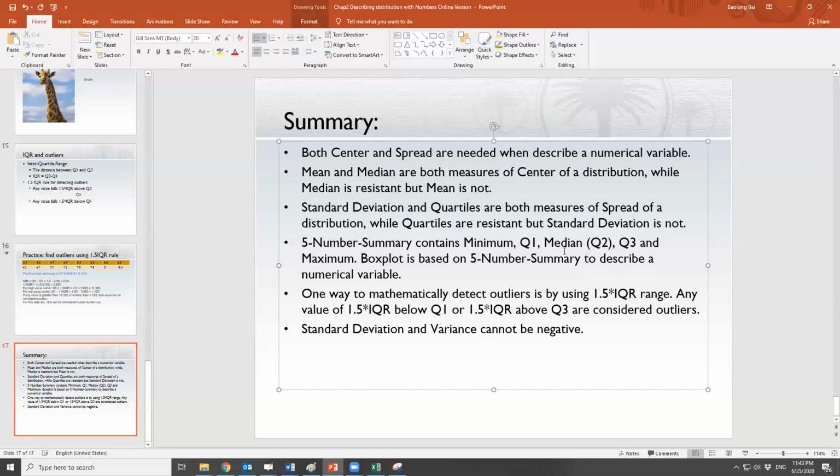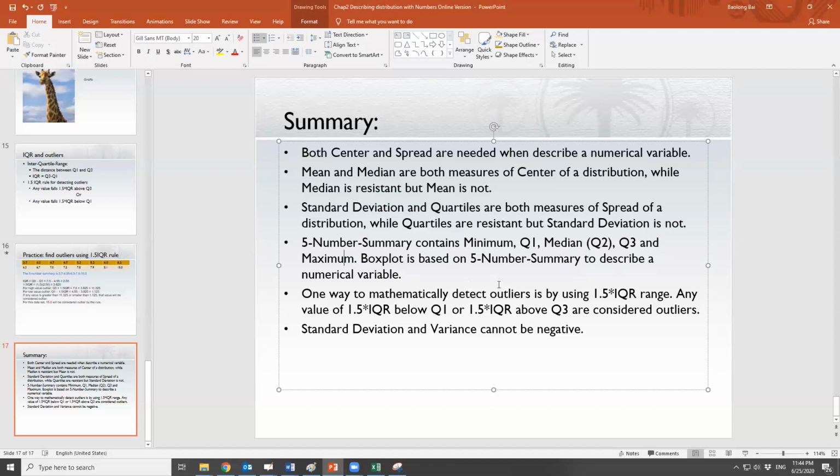Once you find the median and quartiles, combined with the minimum and the maximum, that's called a 5-number summary. You should be able to find the 5-number summary for any given data set. Based on that, we can draw a box plot.